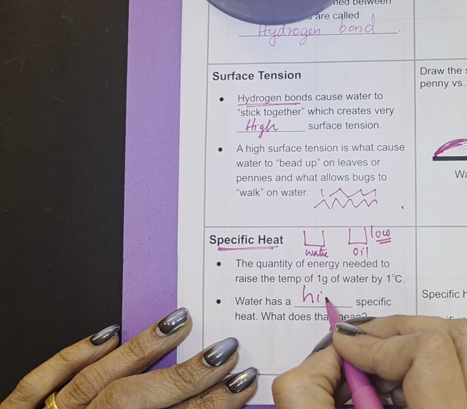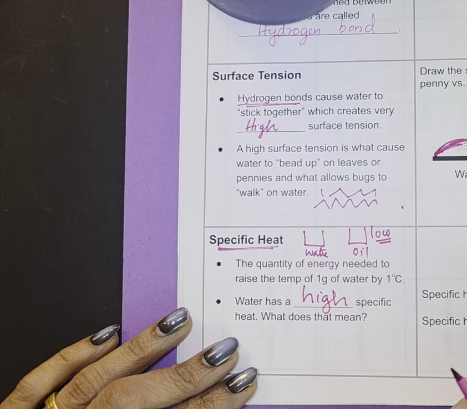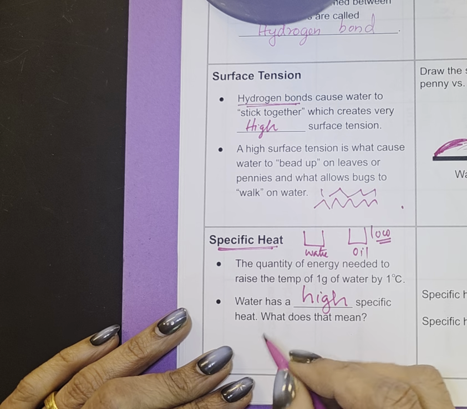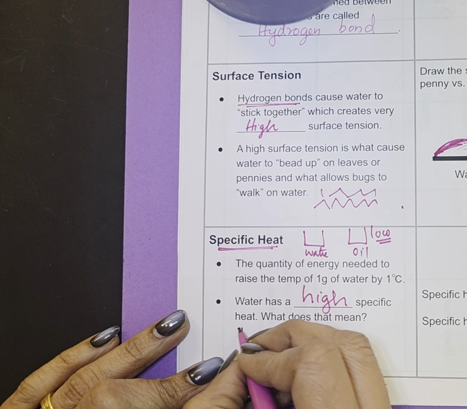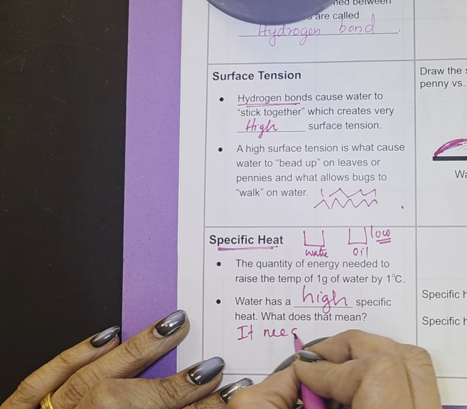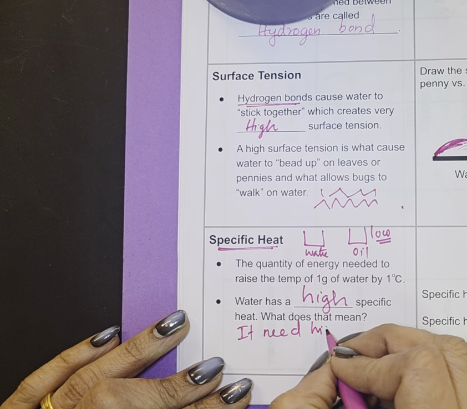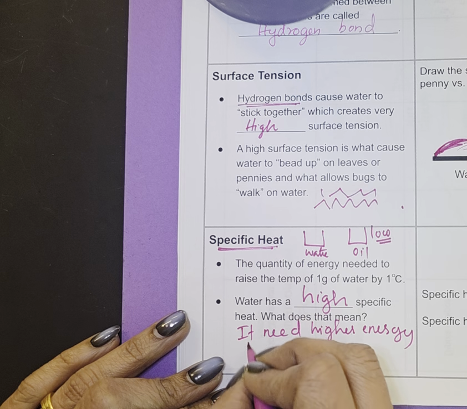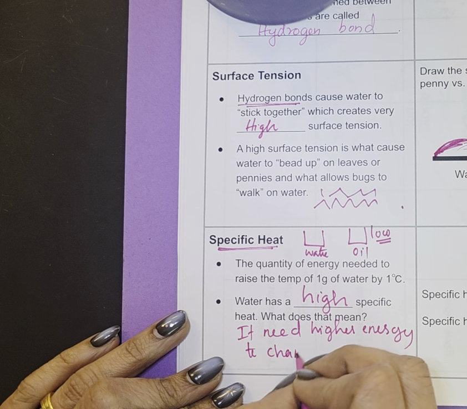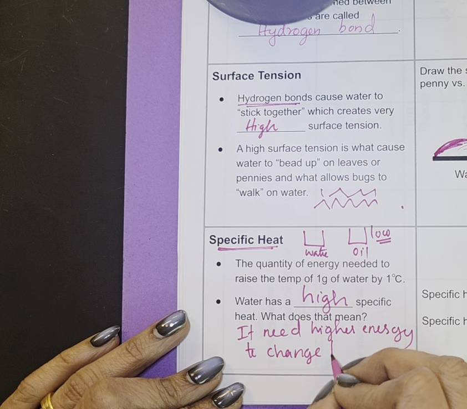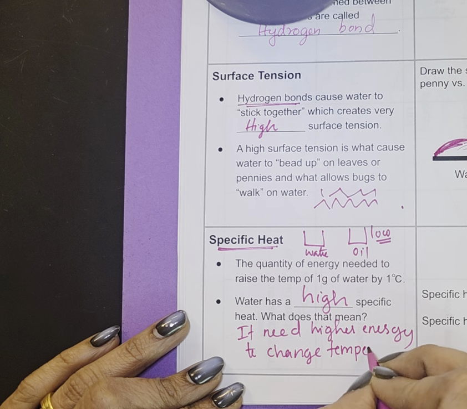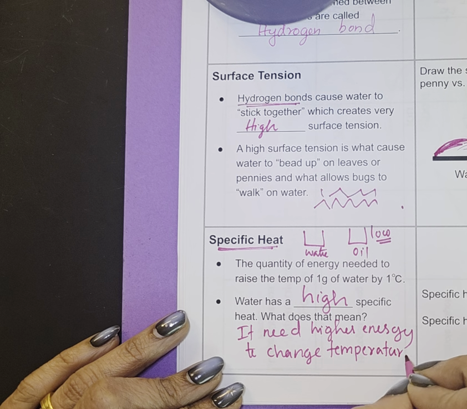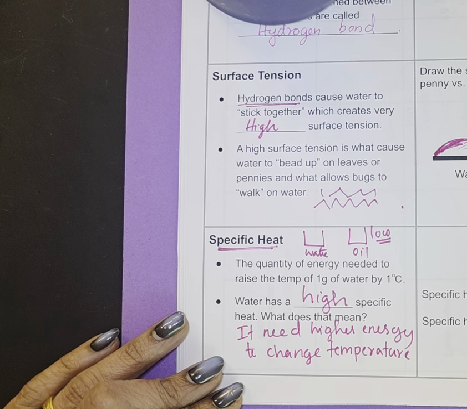Water has very high specific heat capacity, and that means it needs higher energy to change temperature, because the energy we are giving is used for breaking the intermolecular force called hydrogen bonding.